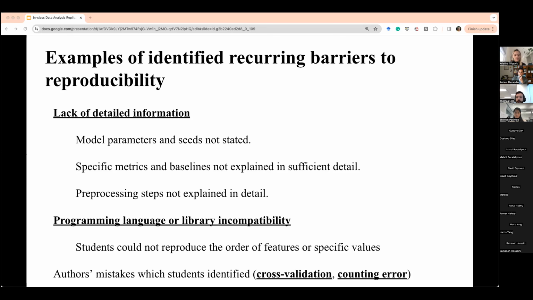It would happen that in a certain field, there are some norms around what kinds of null baselines are used, but then this is sometimes not described in sufficient detail. Pre-processing steps tend to be overlooked. There are also programming language or library incompatibilities, where it is not stated what exact library or what exact version was used. And then that meant that students couldn't reproduce the order of features or specific values. And that's one concrete thing that we can always try to do better when we do data analysis.